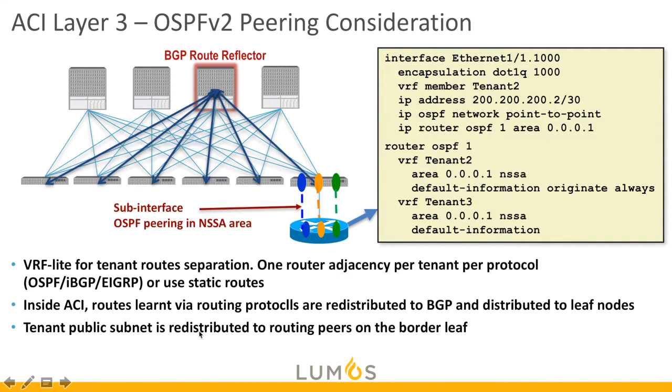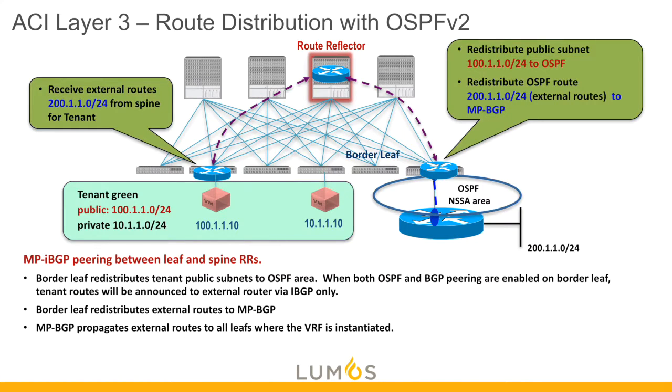So tenant public subnet is redistributed to routing peers on the border leaf. So we're going back and forth. Only the leaves that have tenants instantiated on them will actually get those routes from the outside world. So the route reflector will distribute them to all leaves, but only the leaves that have those tenants will actually install those routes into the hardware CAM, into the TCAM, into the forwarding tables.